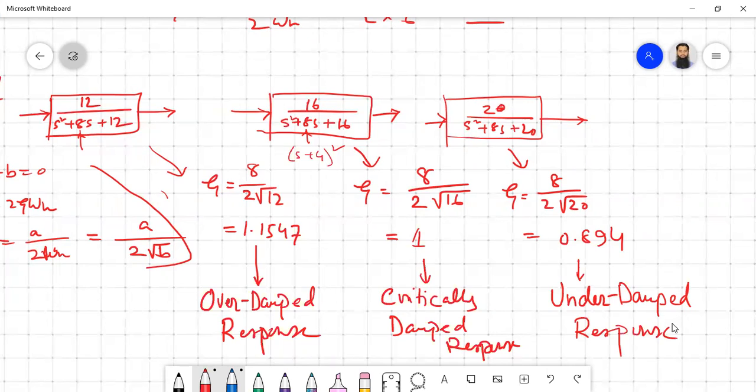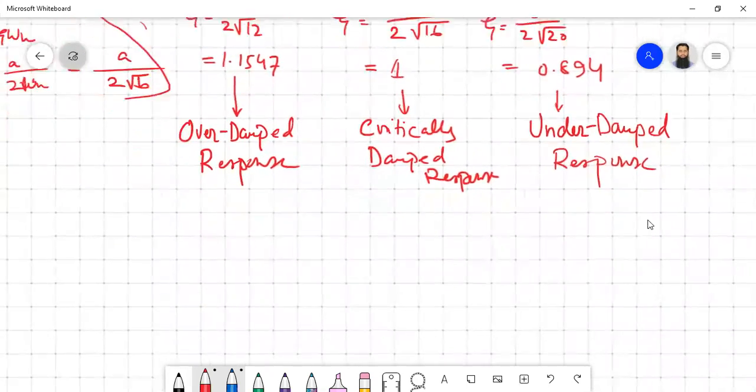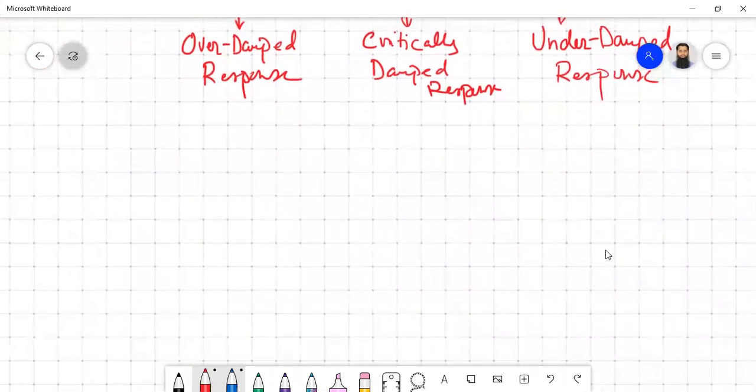Okay, so the pole location is also a function of zeta and omega n. So pole location can be related with the system parameters here. We have two system parameters for our second order system, that is zeta and omega n. Zeta is the damping ratio, and omega n is your natural frequency of oscillation. Based on these parameters, we have four responses.